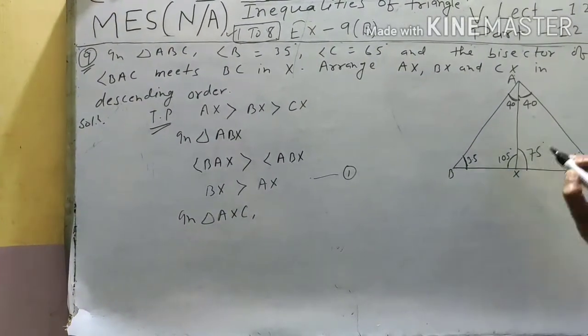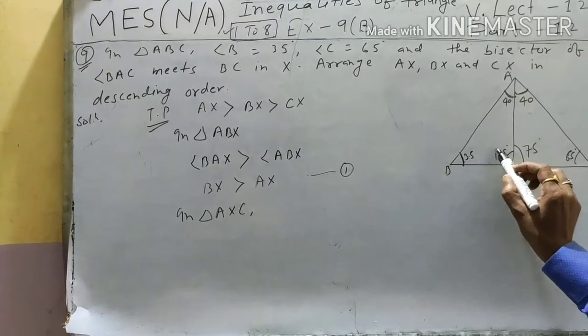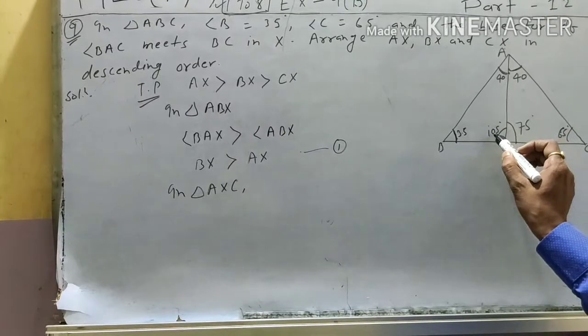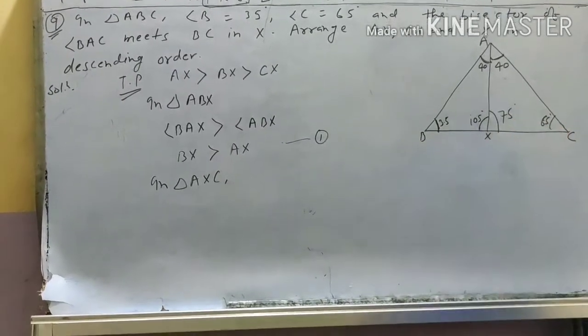Here this angle is 75 degrees, and the sum of these two angles is 180 degrees by the linear pair. This is also proved, because 105 and 75 is equal to 180 degrees.